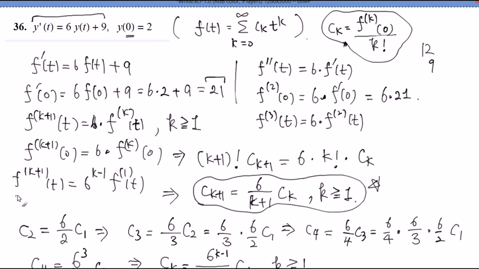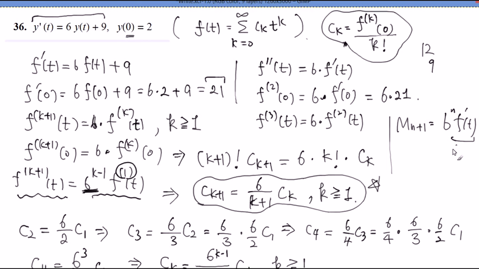Okay? If you want the maximum or minimum value of this one, you can just compute it where there's no derivative complication. Only a very well understood structure, 6 to the k plus 1. Therefore, I'm claiming that m n plus 1 is 6 to the n times the maximum of f of the first derivative of t. Whatever this maximum value is, call it m1. Therefore, m n plus 1 is 6 to the n, m1.